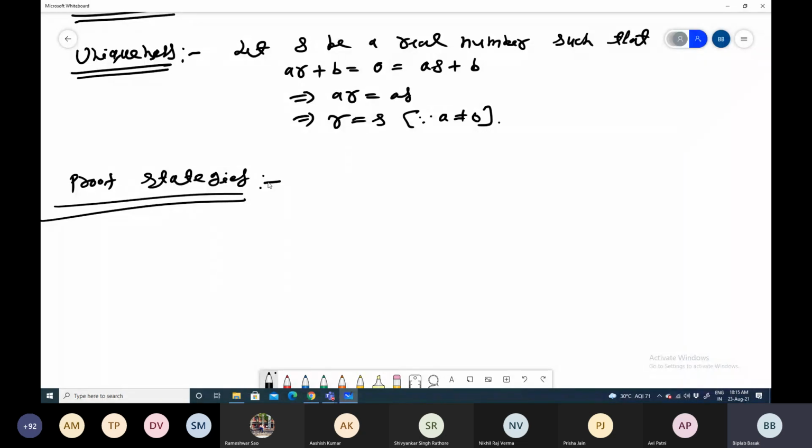Now proof strategies means you need to find a proof. But in general, this is a difficult job. In fact, you can say that there is no algorithm to find a proof. So there is no such algorithm.